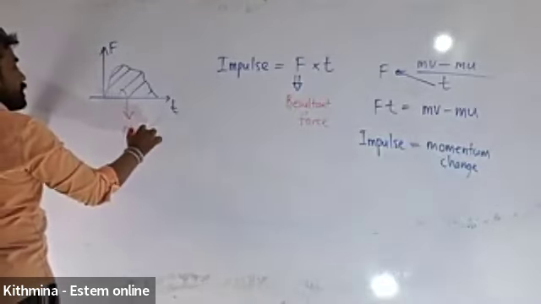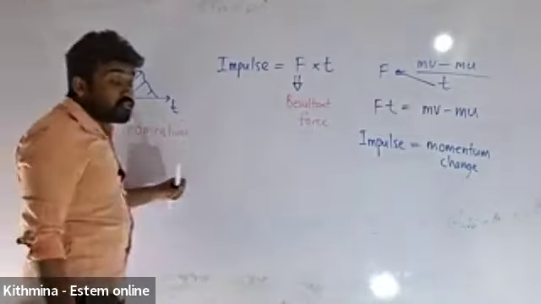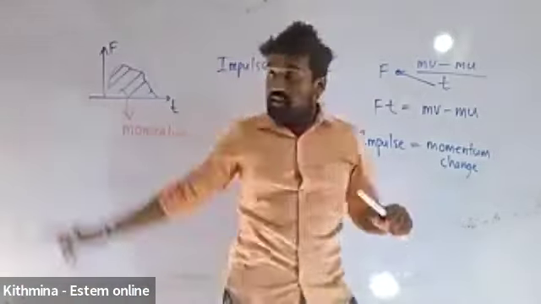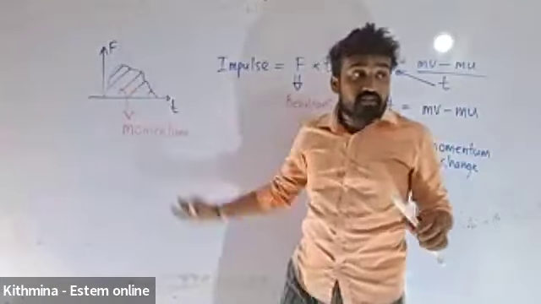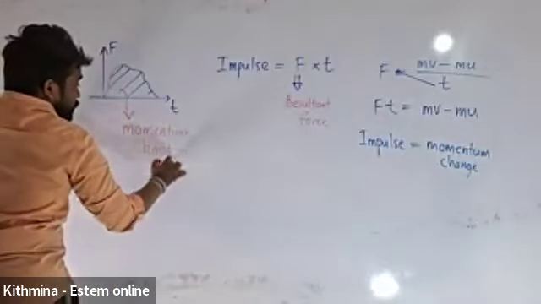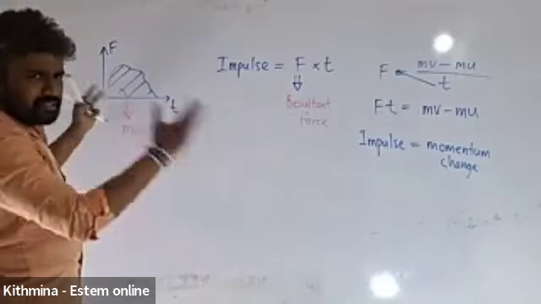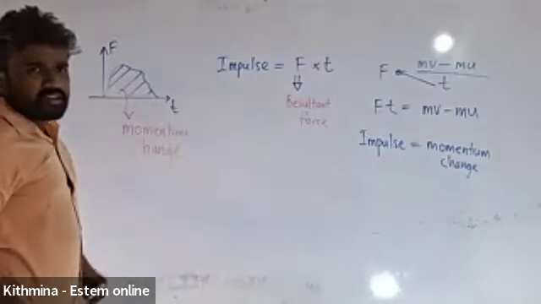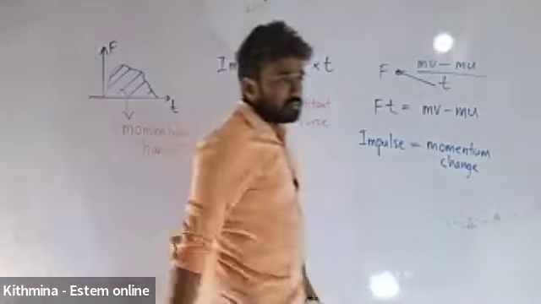Momentum change. By the area of an Ft graph, we can get the momentum change. Okay, clear? Get these things into your paper, and if any doubts, ask me.